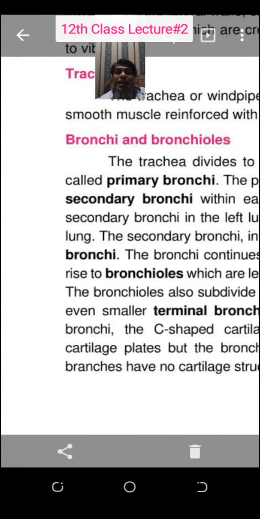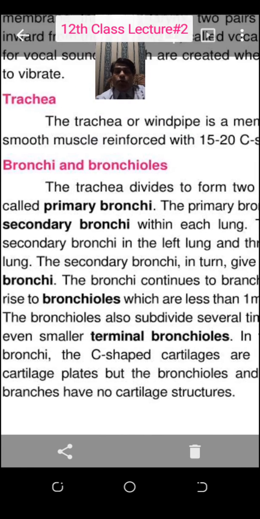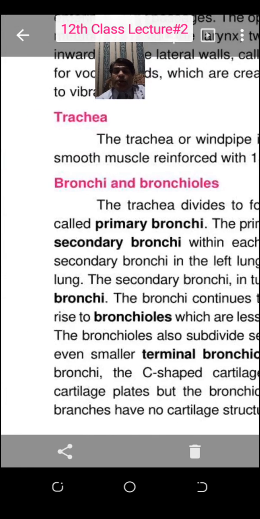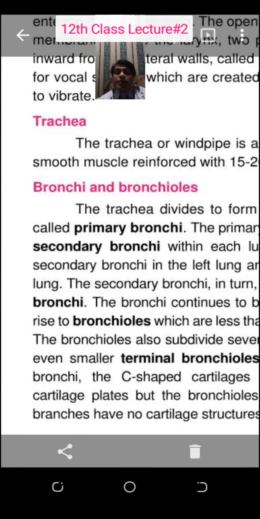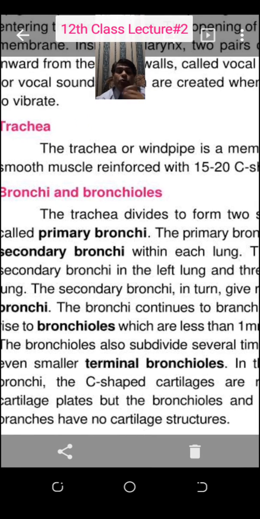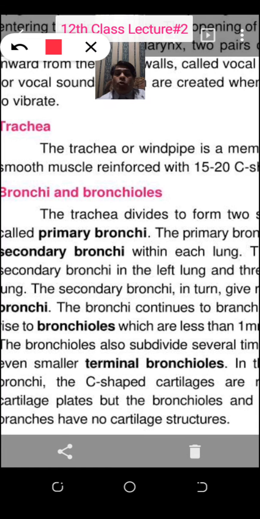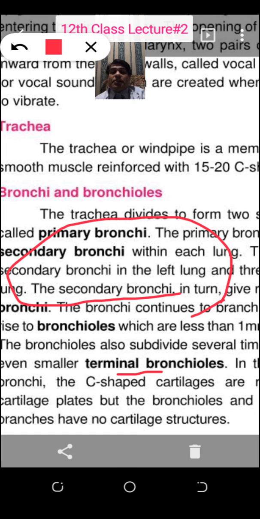Because the left lung has 2 lobes, the bronchi in the left lung will be 2, primary bronchi and secondary bronchi.